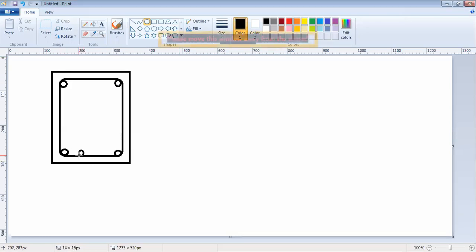We have four bars at the bottom and two bars at the top, anchor bars. Then we have the stirrup.